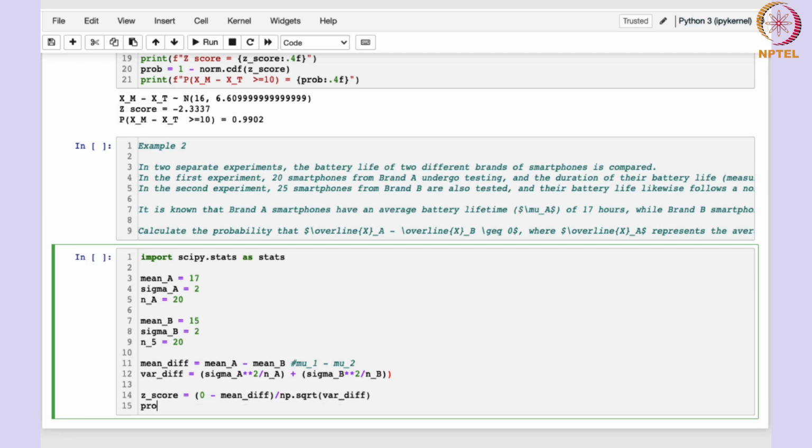So you can now calculate the probability of 1 minus stats dot norm dot CDF, and here you can write the z-score. Okay, so it will calculate this probability and then it would subtract from 1, because here we want it to be greater than or equal to 0, right?